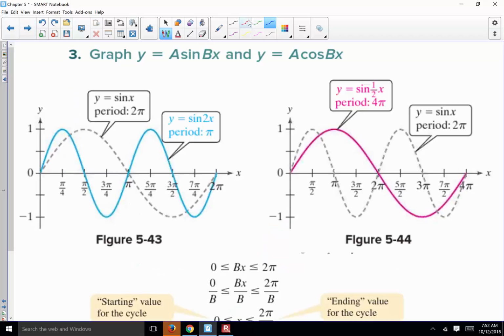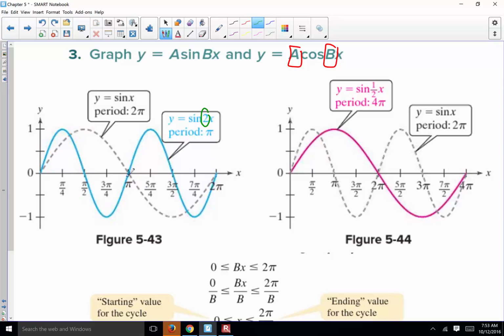And we explored what happens if you have a combination of numbers, one inside, one outside, B and A, respectively. We have seen that B compresses or relieves the spring. This is like a spring. It pushes more in or out depending on the size of B. If it is a big number like 2, the period shortens.